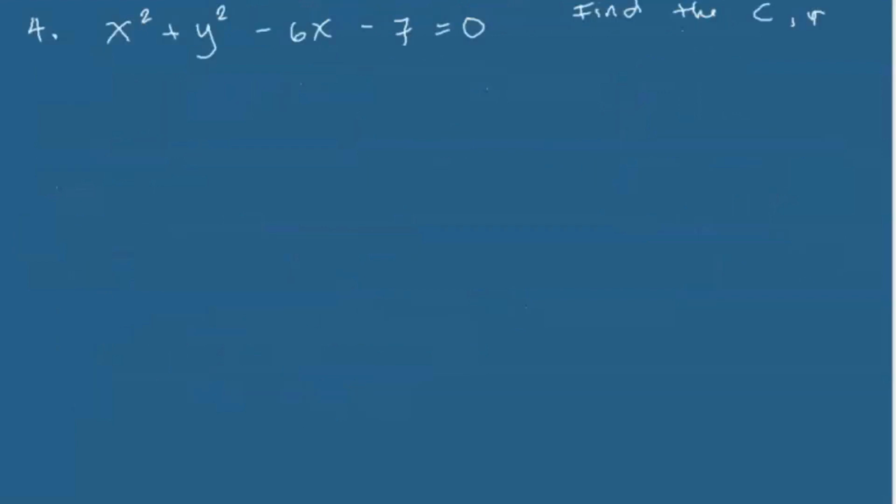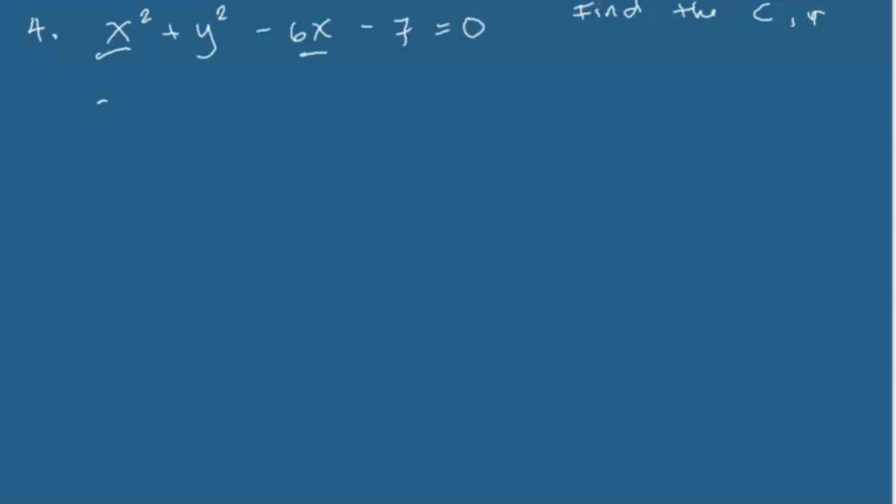Now, next problem is you're given a general equation and you're asked to find the center and radius of the circle. In this case, you have x squared plus y squared minus 6x minus 7 is equal to 0. So what we'll do is combine similar terms like x squared and negative 6x.